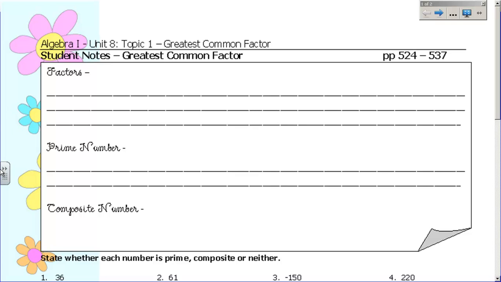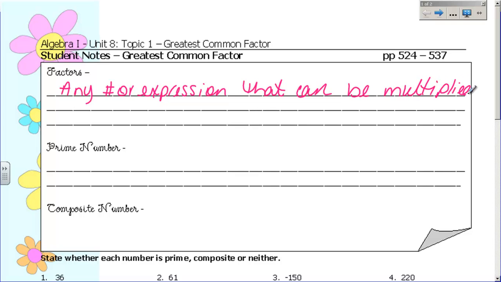So, definitions first. Most of these you probably know, but we're going to go over them again anyway, just to be sure. Factors. All right, factors are any number or expression that can be multiplied by another number or expression to create a product.